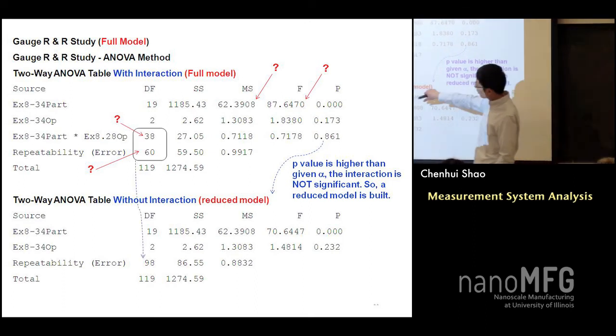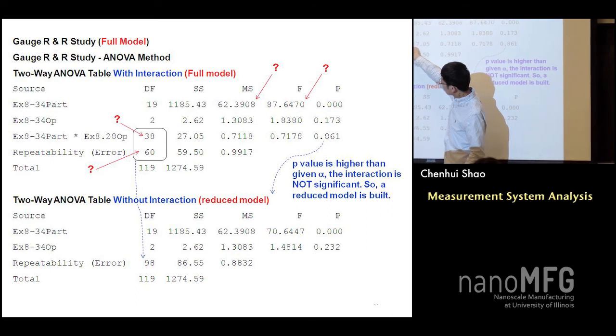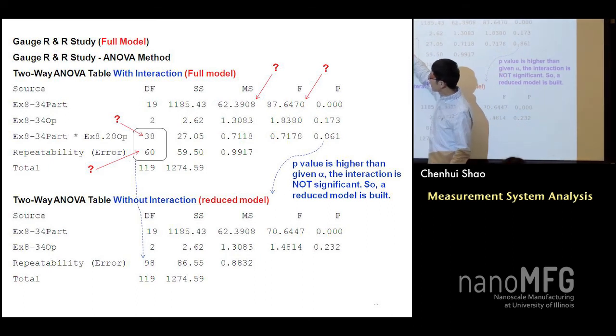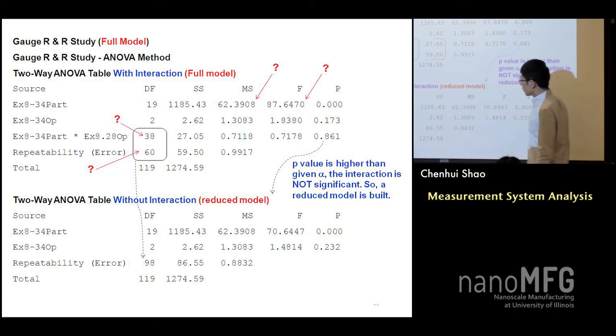The degrees of freedom for these 2 terms will become 1 term because these 2 are combined. So we remove this, and its degree of freedom will be added to the repeatability term, the error term. We have 98 now.